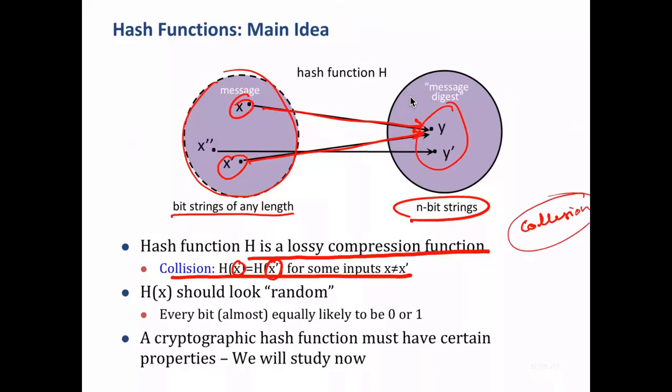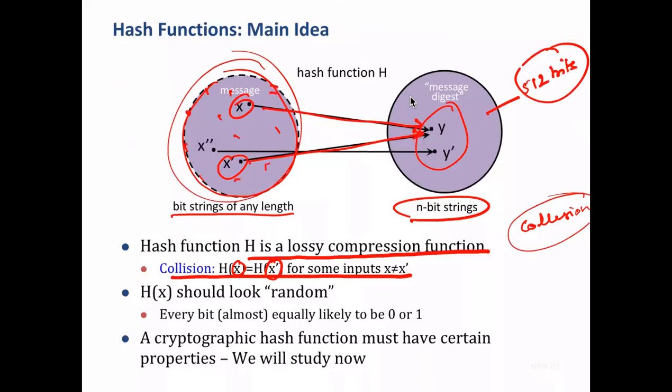Now note that you cannot avoid collisions, because the message size here could be anything. It could be GB, and the output size is fixed, say 512 bits. All these values here will map into only 512 bits, so there has to be a collision.